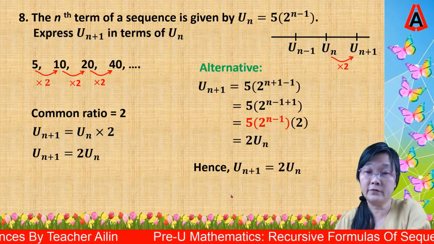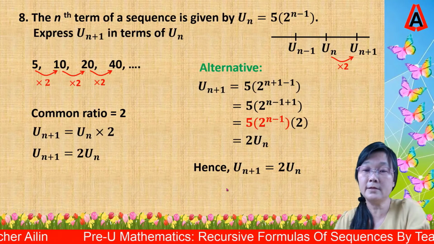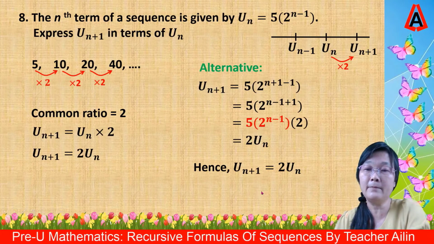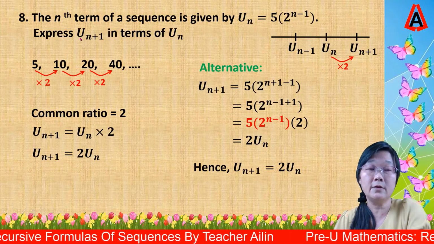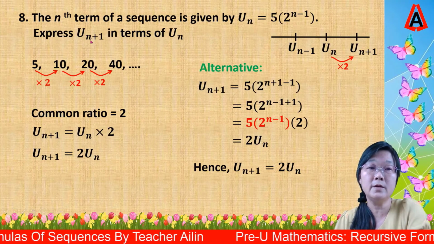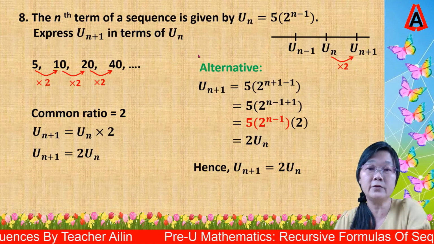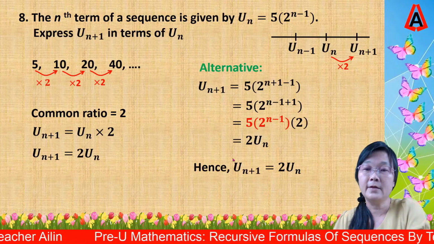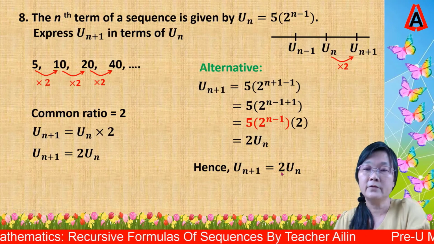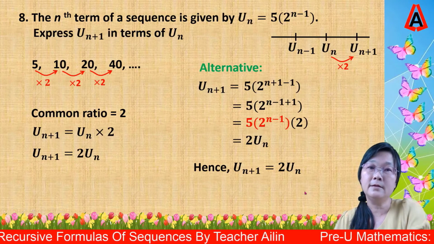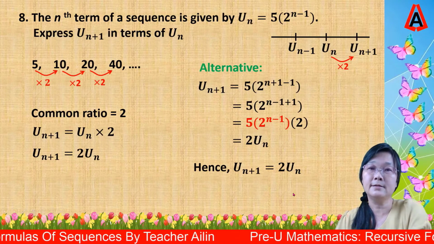Here you don't have to write your recursive formula, u_1 then u_(n+1), because the question doesn't ask for a recursive formula. The question only asks you to express u_(n+1) in terms of u_n. So once you have successfully expressed u_(n+1) in terms of u_n, then that's it, your answer.